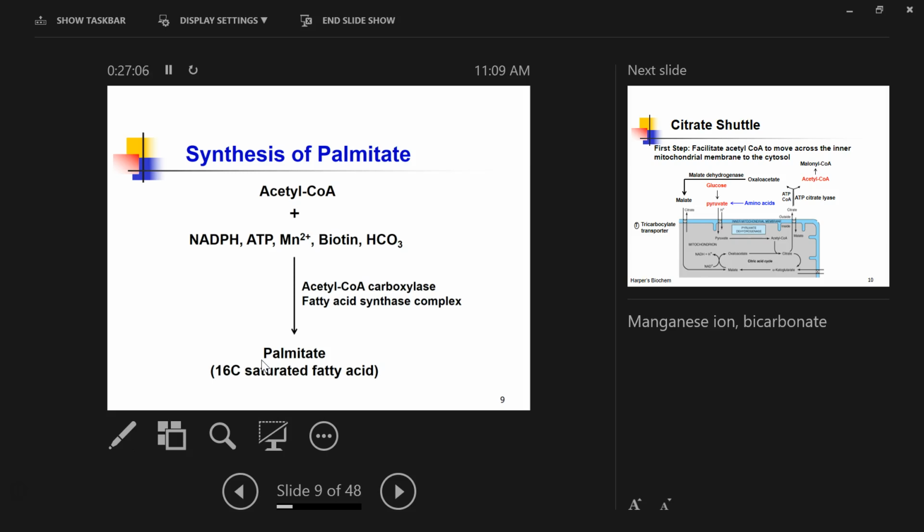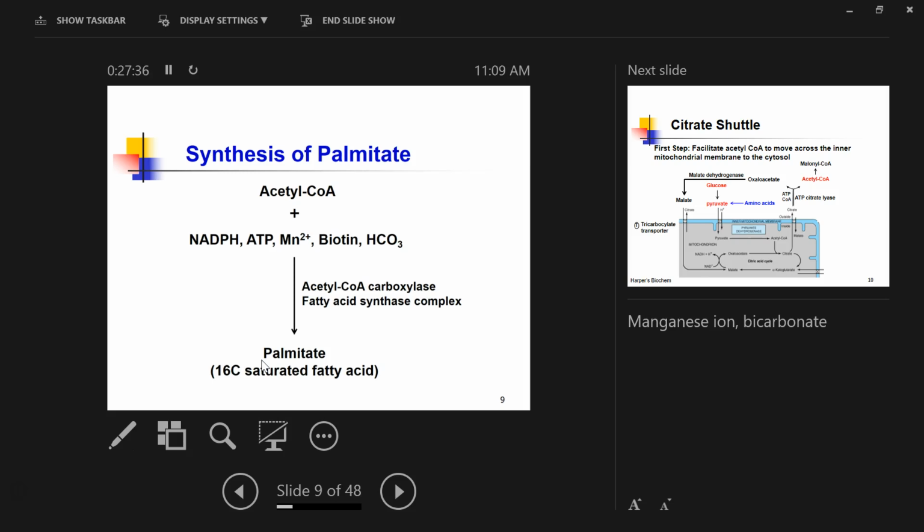So NADPH is required, and also some metals, and biotin, and bicarbonate are all required for the synthesis of fatty acids, and the two enzyme complexes involved, or that regulate the synthesis of fatty acids.